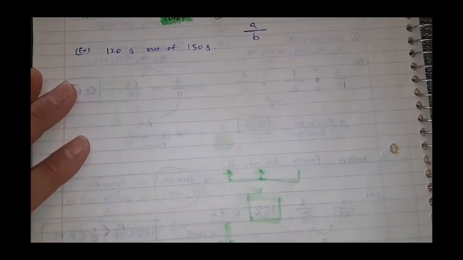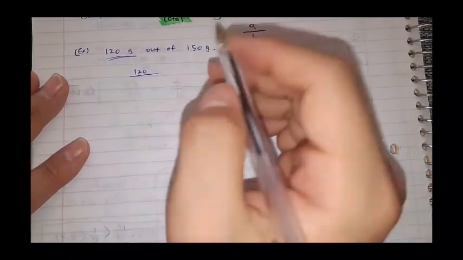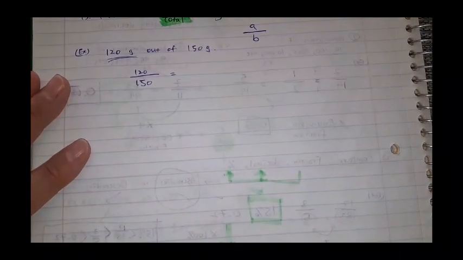And I just created a question on the spot. That means this 120 is your part and your denominator is the total 150. And you can do your calculation based on that.